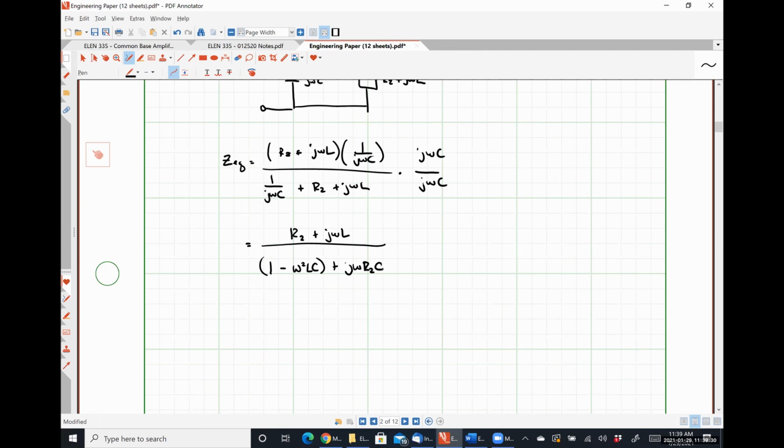Okay. So what I would do after this is multiply by the complex conjugate of my denominator over the complex conjugate of my denominator. And so what I mean by that is I would say 1 minus omega squared LC minus j omega R2C divided by 1 minus omega squared LC minus j omega R2C.